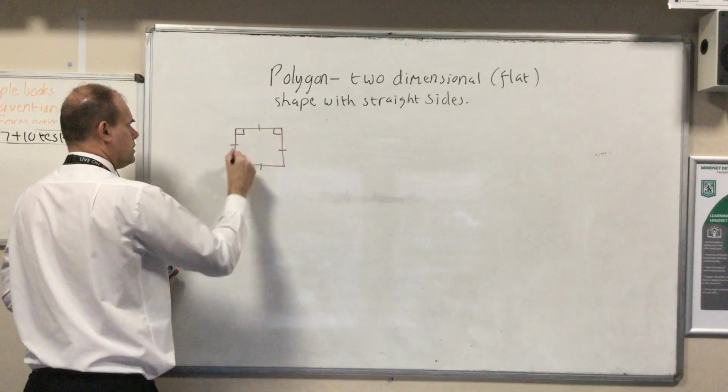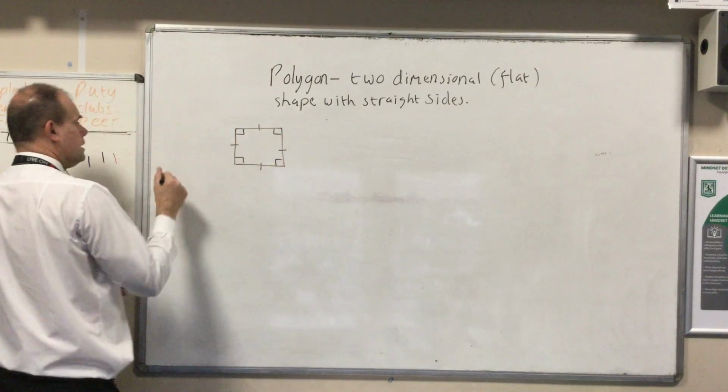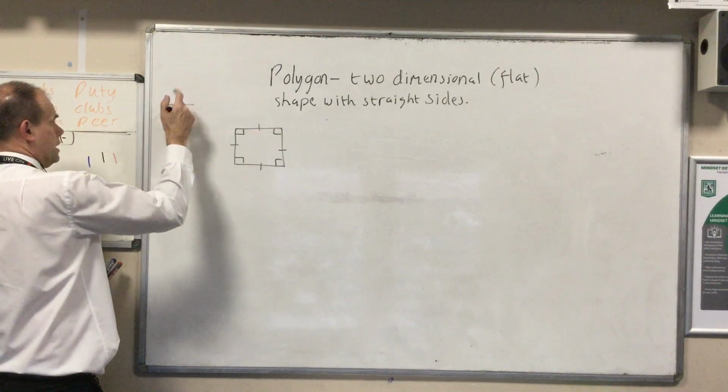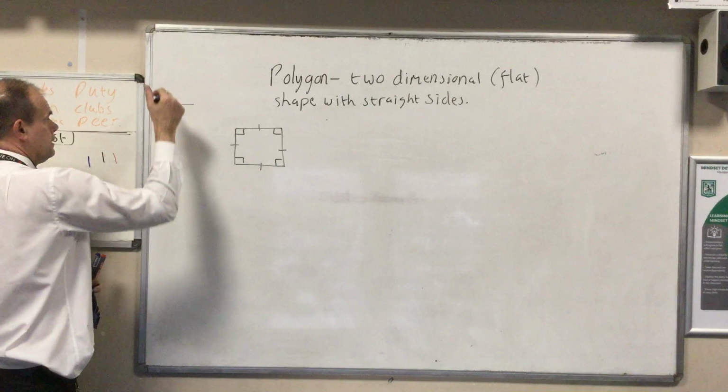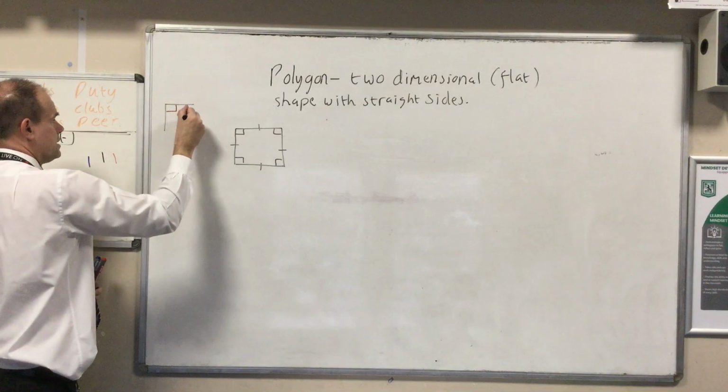All the angles inside, we know that symbol means right angle, so that means 2 lines are crossing at right angles. You had it on my MathsWatch homework, which means they are perpendicular. And that makes 90 degrees there.